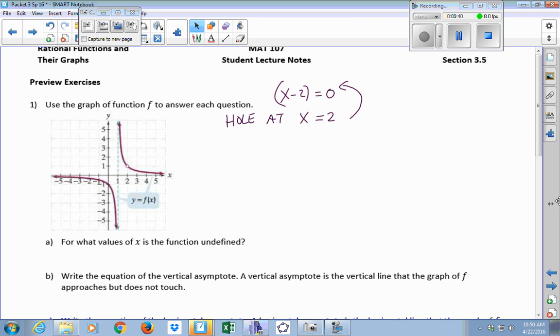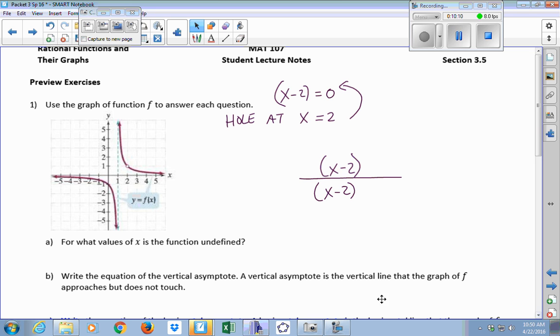So if there's a hole at x equals 2, that means the factor is x minus 2, because if you put a 2 in there, you get a 0. Normally with polynomial functions, that's not a problem. It's just where you cross the x-axis. But with these rational functions, this is where your denominator is 0. But not only is your denominator 0, it's a common factor, so guess what? It also appears in your numerator.